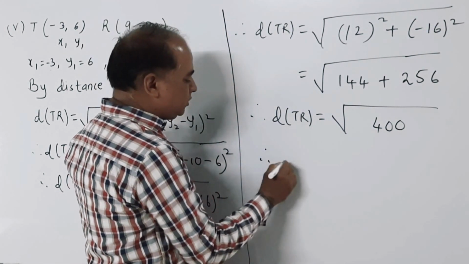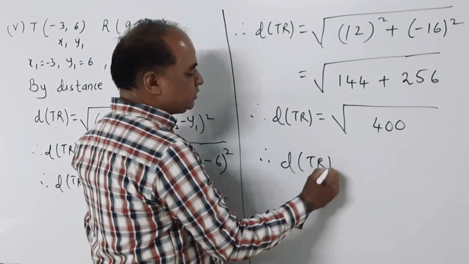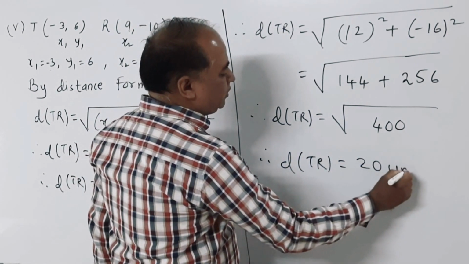Square root of 400 is 20. Distance TR is equal to 20 units.